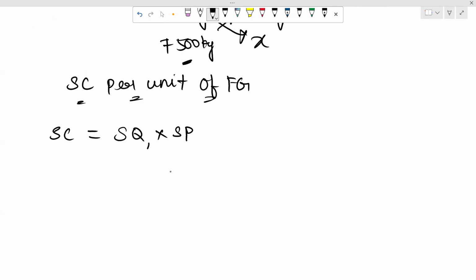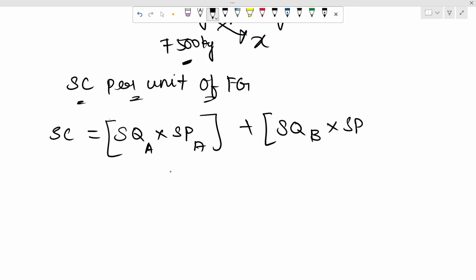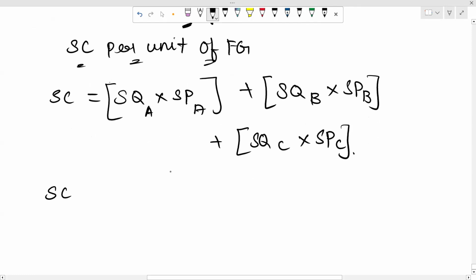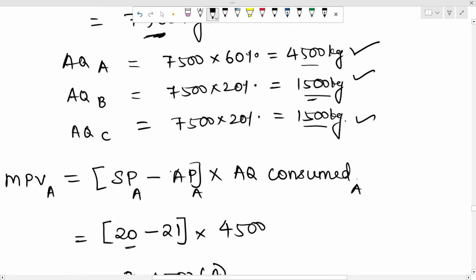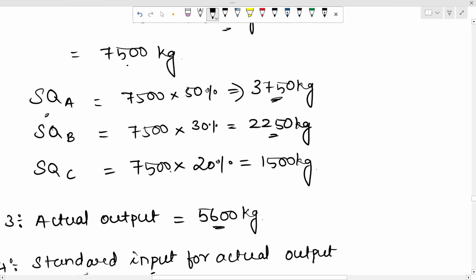So the total standard cost will be standard quantity of A into standard price of A plus standard quantity of B into standard price of B plus standard quantity of C into standard price of C. So the total standard cost is equal to, what is the standard quantity of A? We have already calculated the standard quantity of A. The standard quantity of A is 3,750 kg. Standard quantity of B is 2,250. And for C, it is 1,500, right?